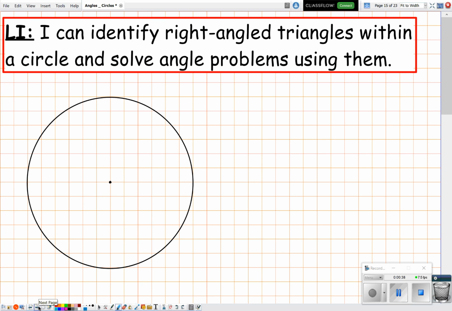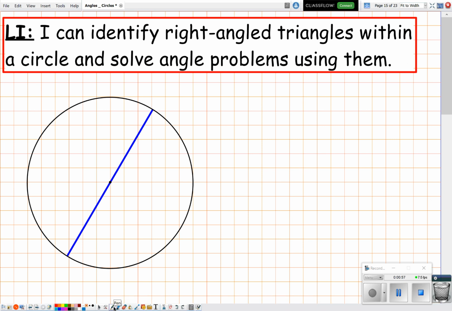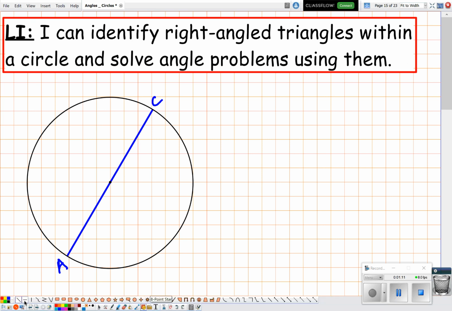So, got a wee circle here. Let me draw on, I'm going to start with a diameter line. Right, so diameter goes through the centre of the circle, like so. From each end of the diameter, I'm going to go for A and C. And then what we'll do is we'll draw in two chord lines.